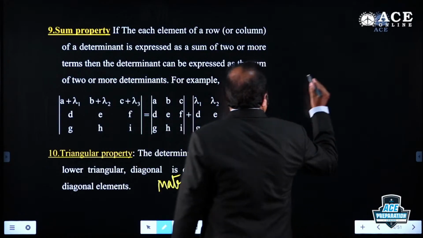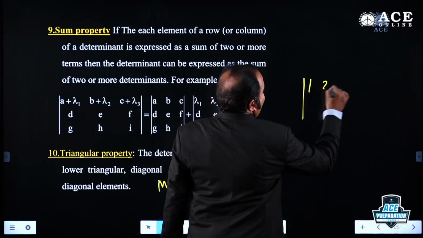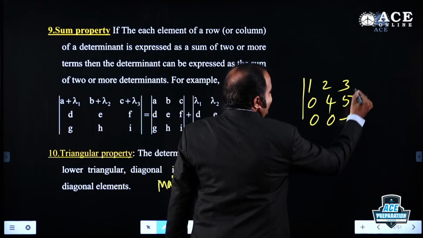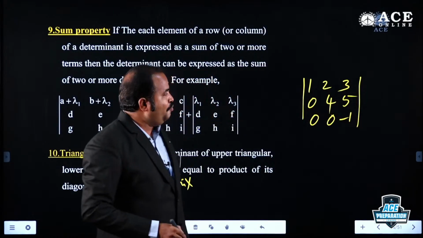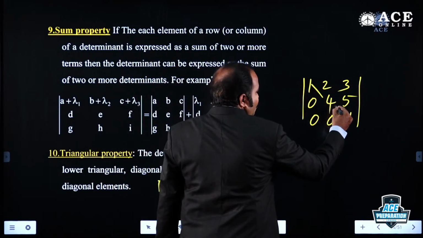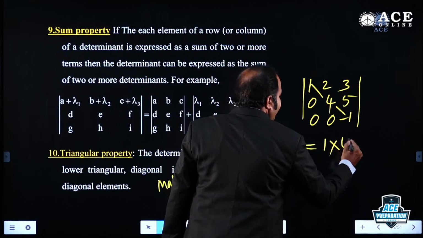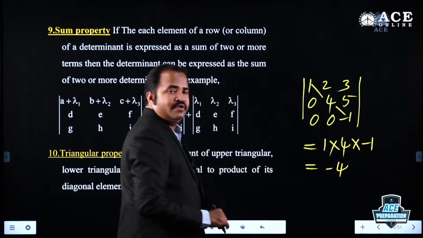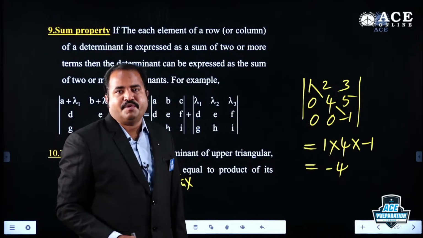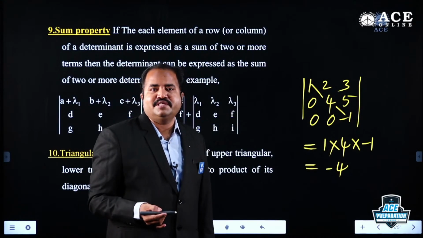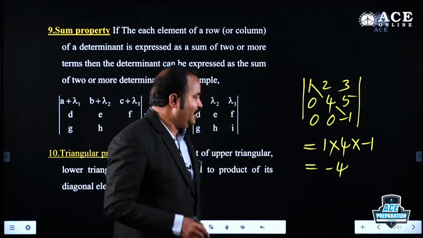For example, suppose the determinant of 1, 2, 3, 0, 4, 5, 0, 0, minus 1 is required. It is an upper triangular matrix or not? So the diagonal elements are 1, 4, minus 1. So the determinant is 1 into 4 into minus 1, equal to minus 4 only. So this is called the triangular property.